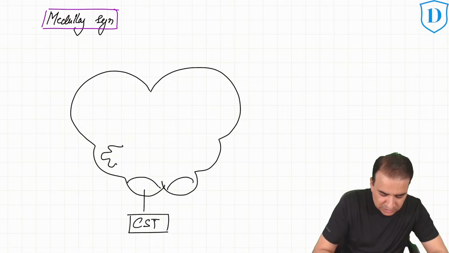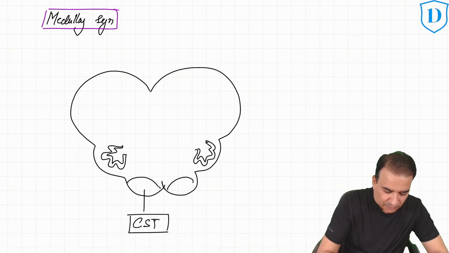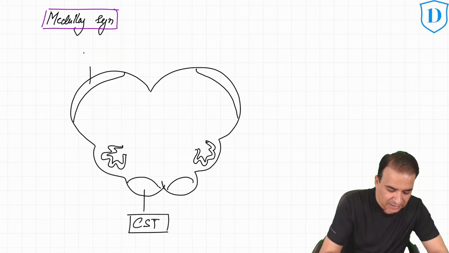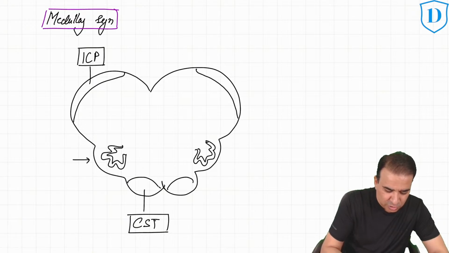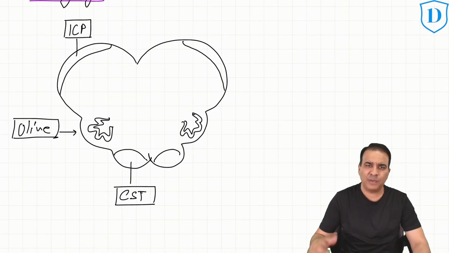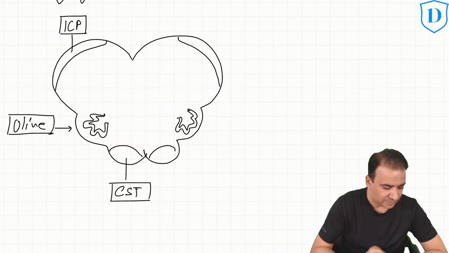Here is a nucleus present in the medulla oblongata which is called the inferior olivary nucleus. And there are some peduncles present at the back which are called the inferior cerebellar peduncle, ICP. This elevation that you see is called the olive. And the third elevation that you see in the front is because of the corticospinal tract, जिसको हम pyramid भी बोलते हैं.